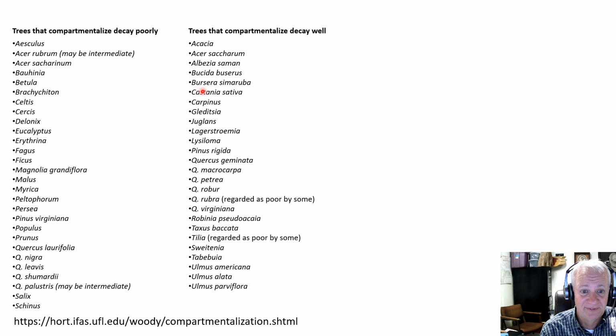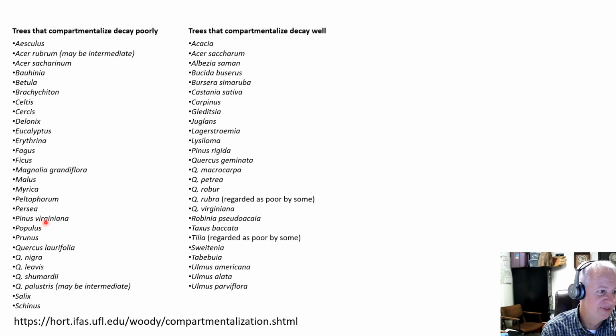So this is really interesting and useful information to have for management, especially, for instance, in management of trees in the landscape. If a walnut tree is wounded, we know that walnut compartmentalizes decay pretty well and is likely to be okay.